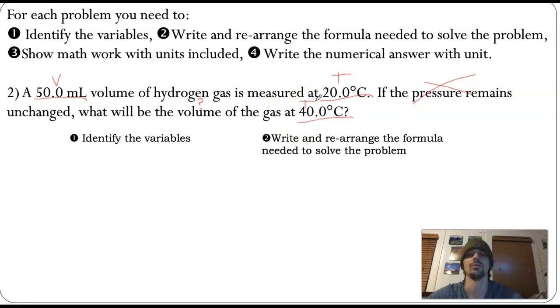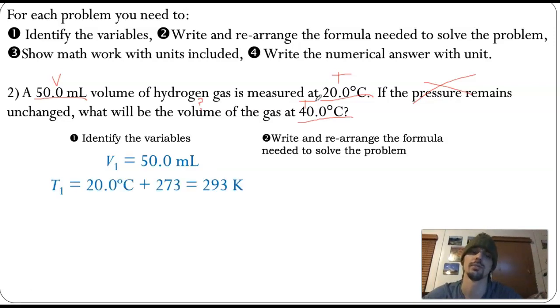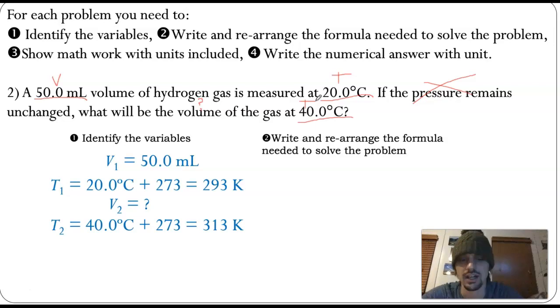All right, so I have volume and temperature. I list my variables, but you should also remember, what about temperature? If it's in degrees Celsius, I need to convert it to Kelvin. So remember, with your temperatures, you convert to Kelvin, okay? I've identified my variables. Pressure is constant. Next, what gas law would I use?